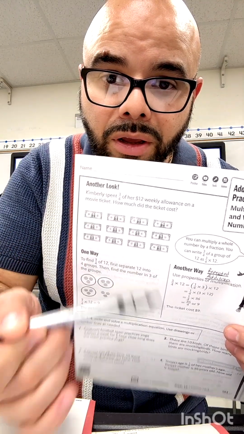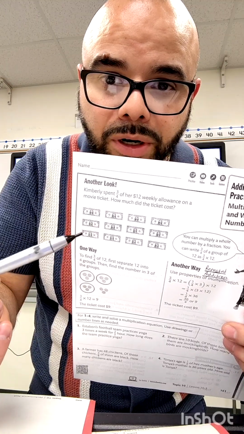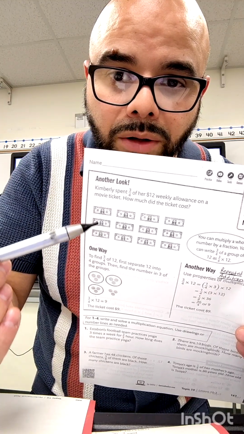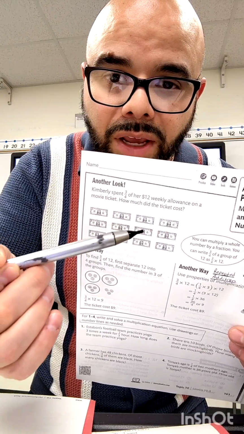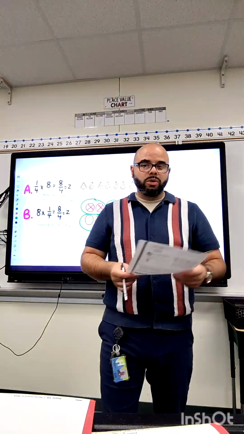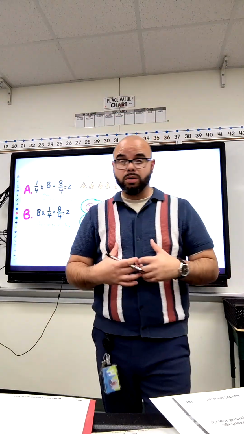So 3 out of 4. How much money did she spend? 1, 2, 3, 4, 5, 6, 7, 8, $9 on that movie ticket.